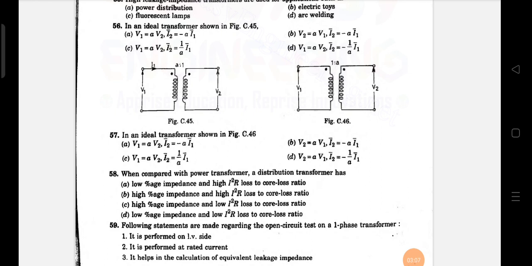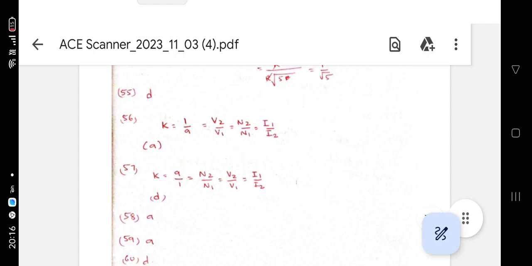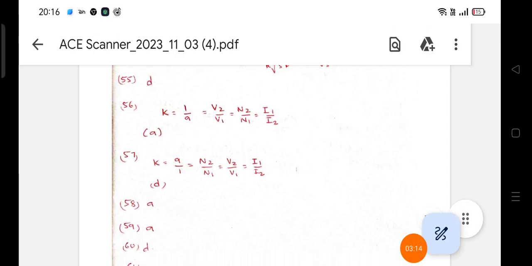If I simplify that equation, I will get V2 equals A V1, then I2 equals I1 by A. V2 equals A V1. That means the 57th answer, D, is correct.